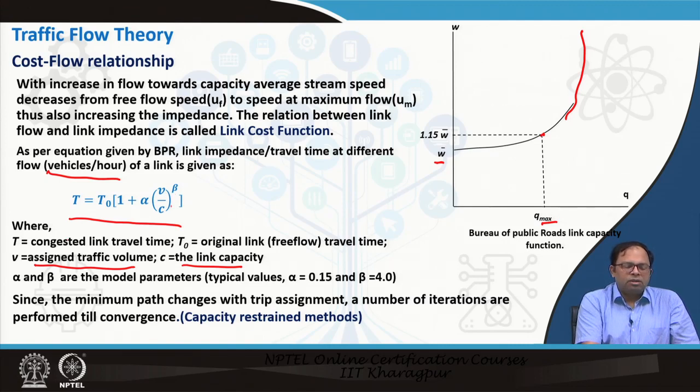V by C is not directly used. So we use calibration coefficients, alpha and beta. These are model parameters, and typical values used are alpha equal to 0.15 and beta equal to 4. So in this equation we get 1.15 W, and the beta value becomes 4.